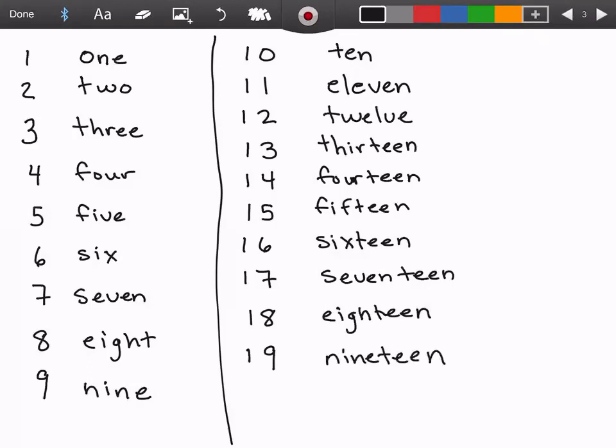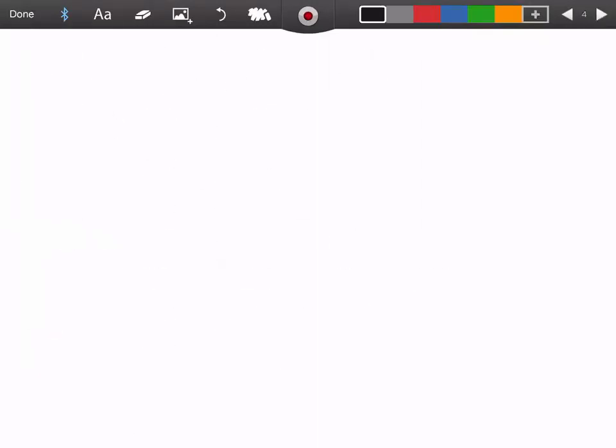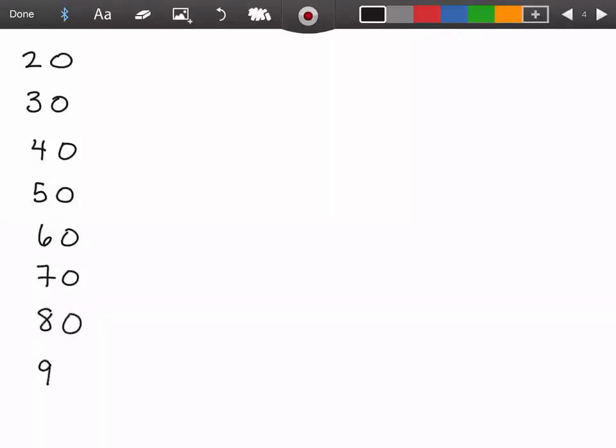All right, the numbers 20, 30, 40, etc., all have special names as well. These are the numbers where there's a 2 through 9 in the tens place. Let's just focus on what are called the multiples of 10: 20, 30, 40, 50, 60, 70, 80, 90.